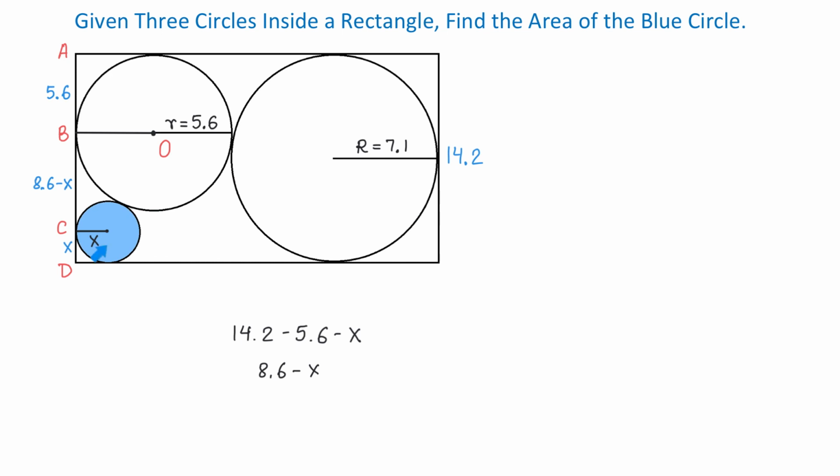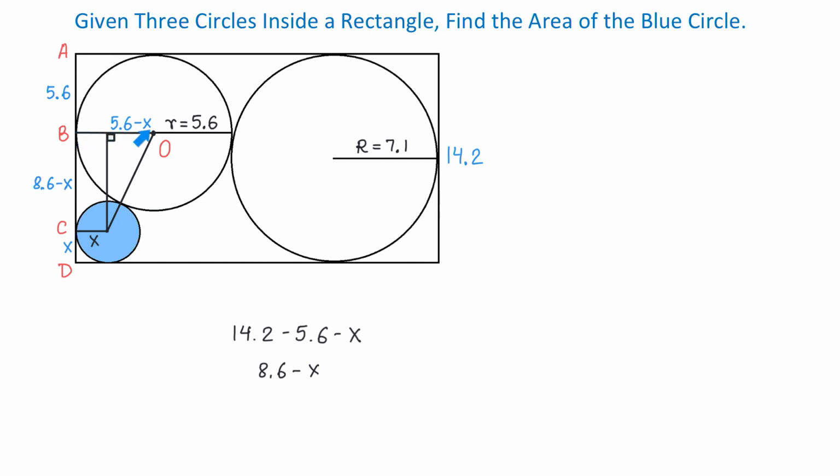Now from the center of the blue circle, we will draw a perpendicular up to the radius of the circle above. Let's also connect the centers of these two circles. And now we have a right triangle formed. In this triangle, the upper side is 5.6 minus x, because the radius of this circle is 5.6, and this line segment is x because it is the same as the radius of the blue circle.